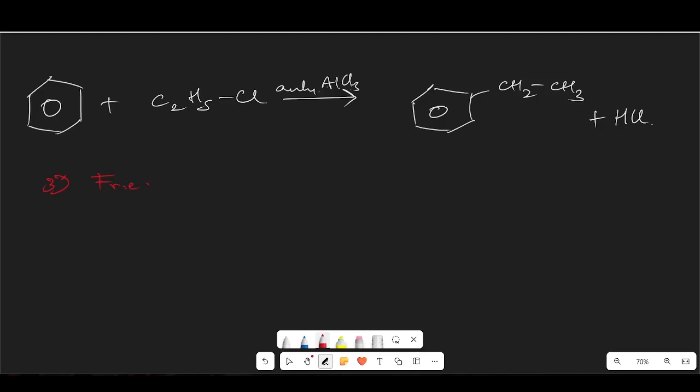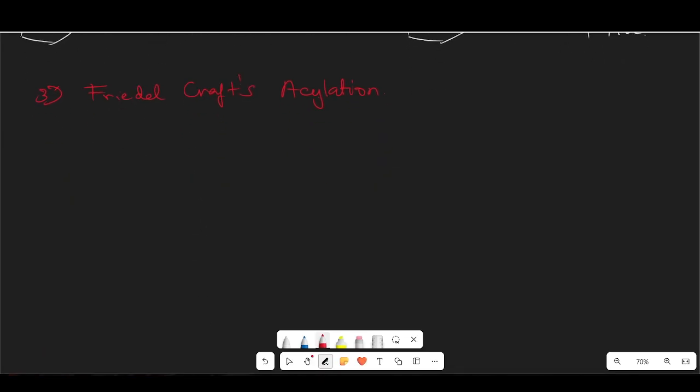Friedel-Crafts acylation. So Friedel-Crafts acylation is not really much different than Friedel-Crafts alkylation. You have an arene, benzene. You have some acyl halide.